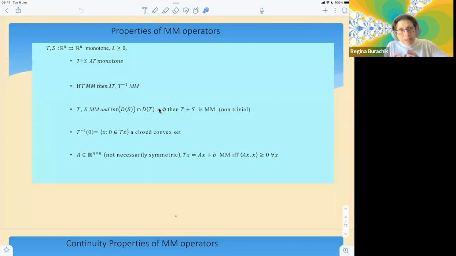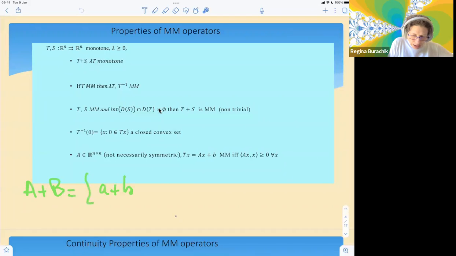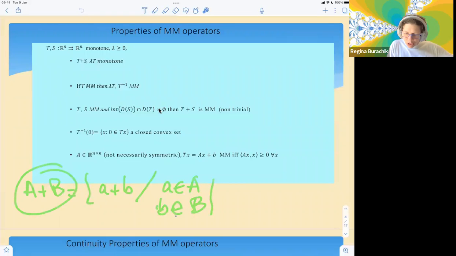And one idea that tells you that this is not going to be a trivial situation is because you know the Minkowski sum of two sets. So if you have two sets A plus B, the Minkowski sum is just the set of a plus b such that a is in A and b is in B. So this is the Minkowski sum of two sets.